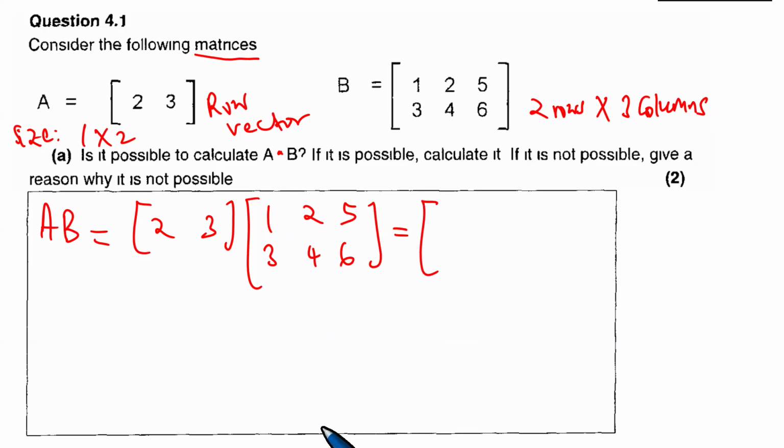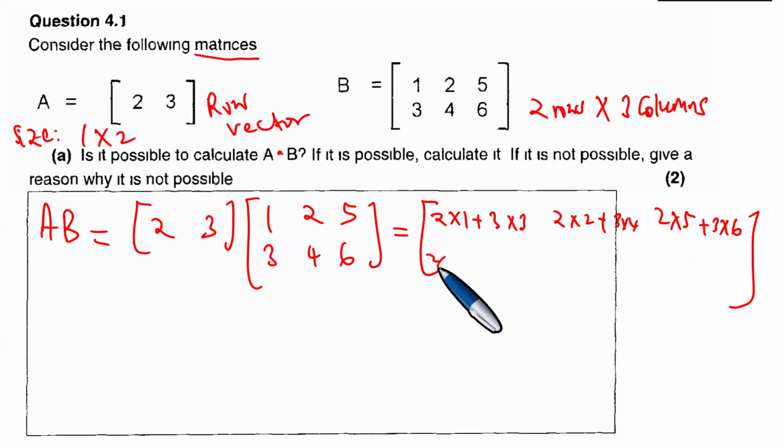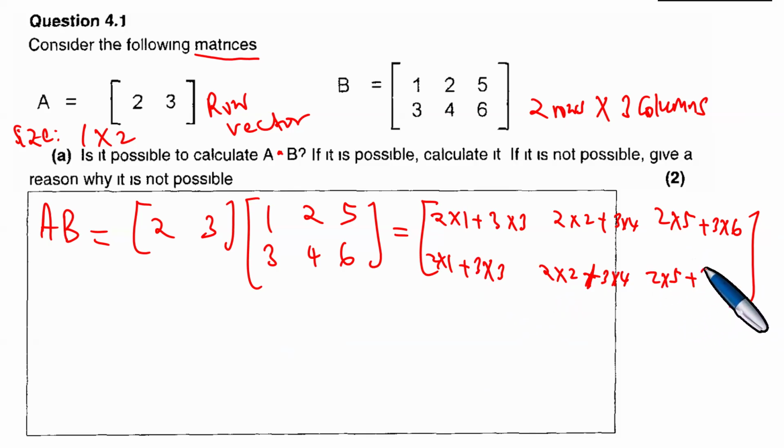So we continue. We do row by column multiplication, so we have 2 times 1 plus 3 times 3. 2 times 2 plus 3 times 4. 2 times 5 plus 3 times 6.